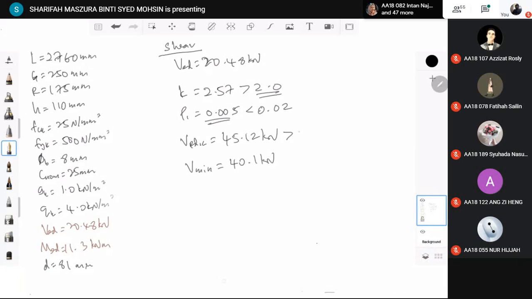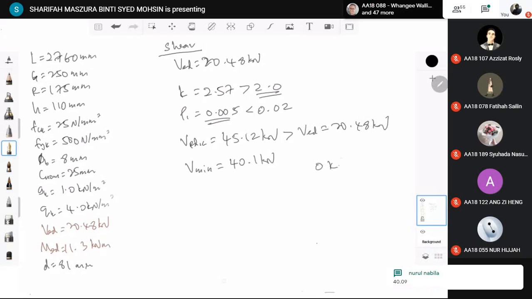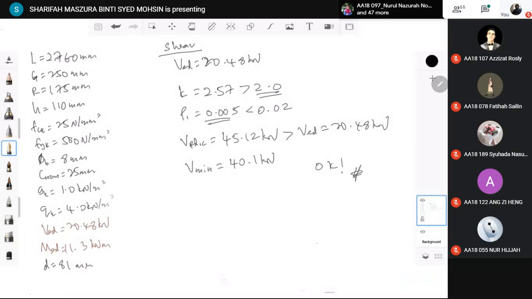So this value is larger than 20.48. Therefore, checking for shear, pass. Okay. So next we check for the deflection.